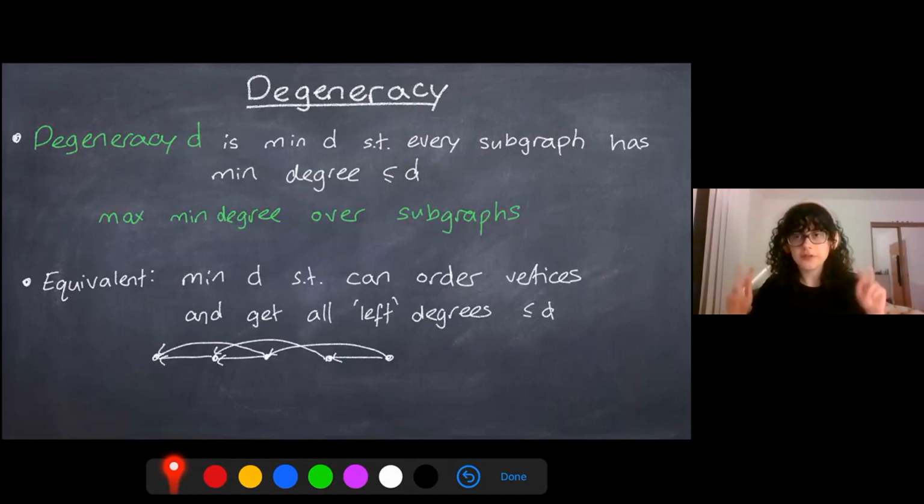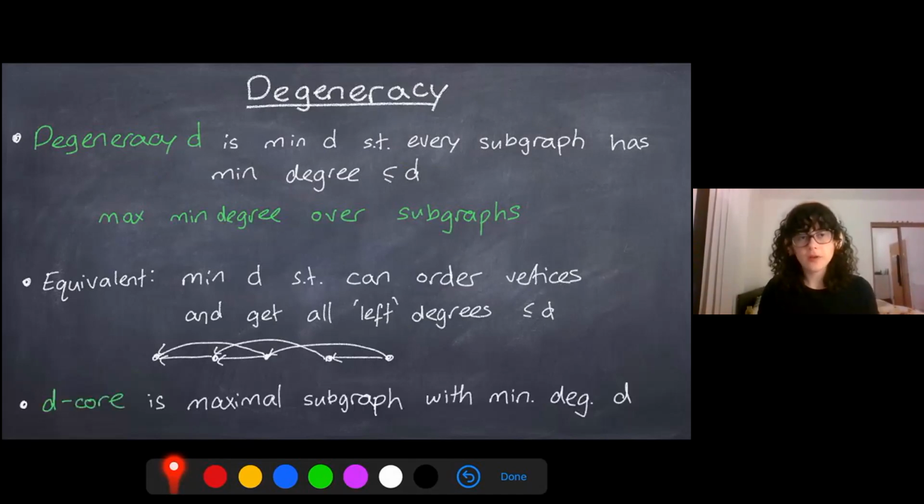I've called that left degree. It's like degree to earlier vertices. And one more definition on degeneracy before I move on. The D core is the maximal subgraph that exhibits the degeneracy, the maximal subgraph that has minimum degree D. We know that there must be some subgraph with minimum degree D by the definition, and the D core is just the maximal one.